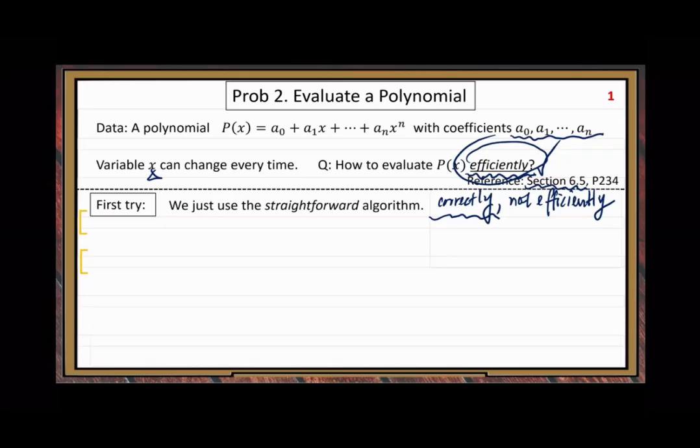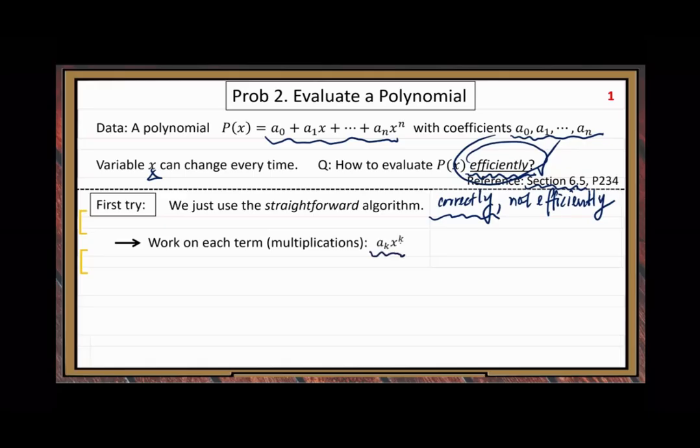So here we just use a straightforward algorithm. All right. Let's look at the basic operations. If you look at the polynomial, there are only two basic operations, additions and multiplications. So let's work on it term by term. There are many terms, so let's look at one of them.